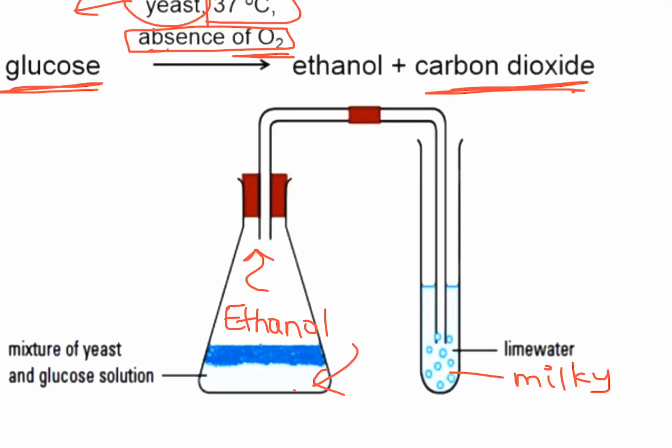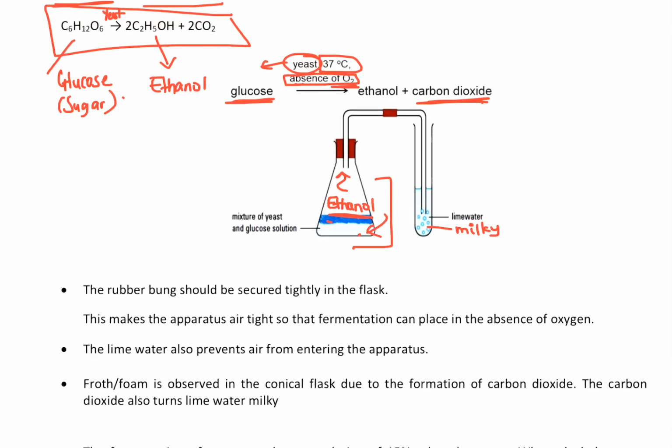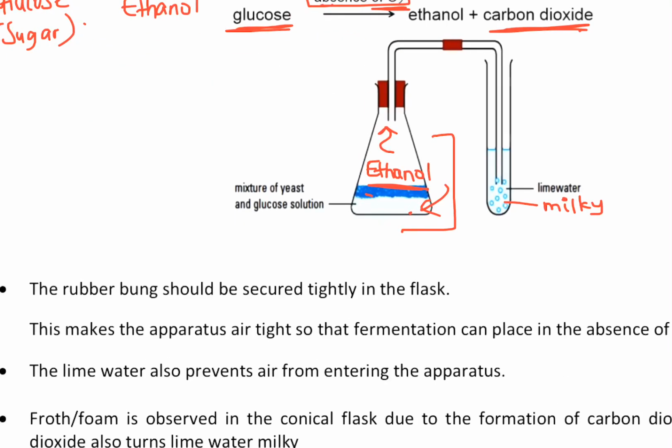Now, if you want to isolate the ethanol, you can do distillation. If you do fractional distillation, you will be able to isolate the ethanol from this reaction mixture. There are a few things that need to be noted when carrying out this reaction.